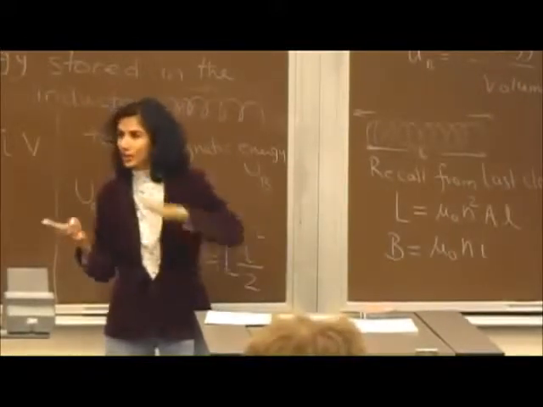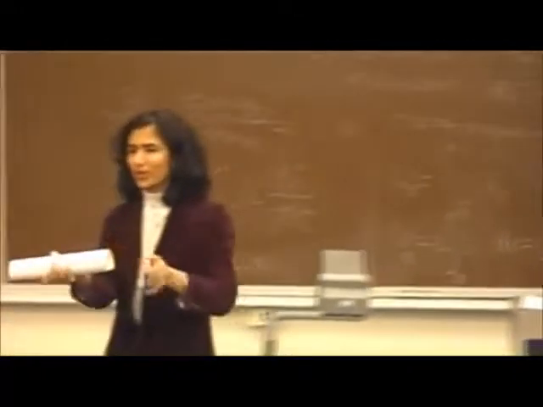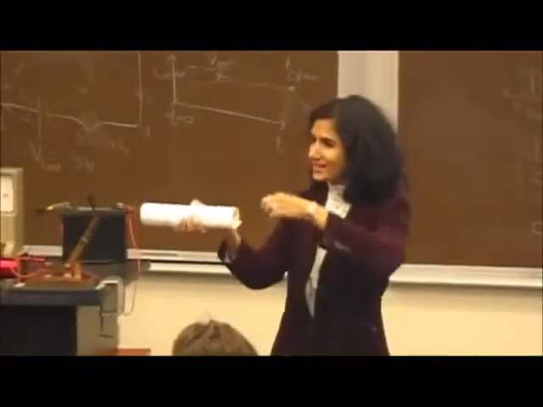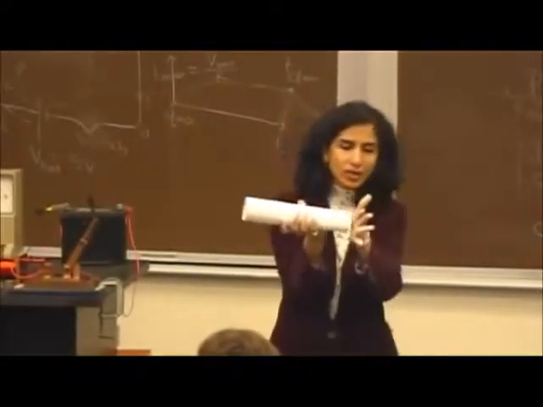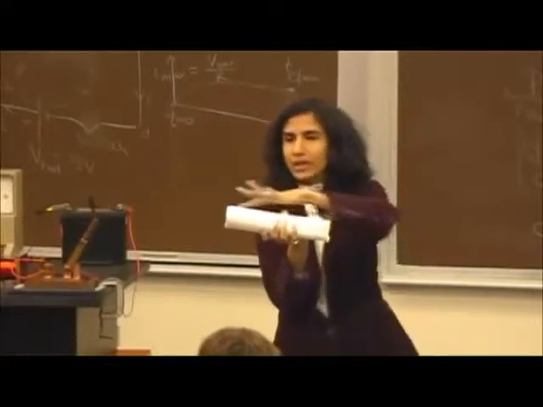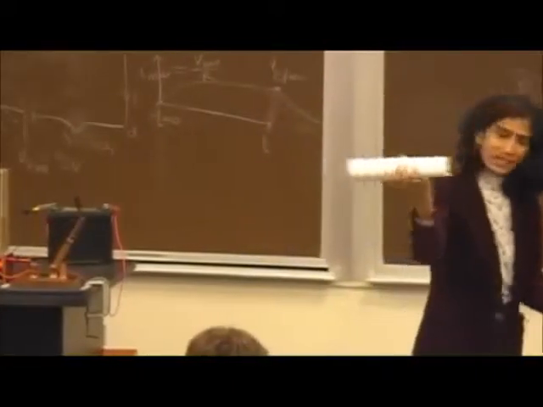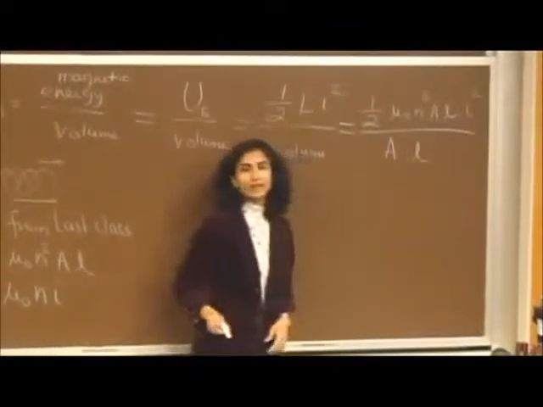Area times length. Think about it. If I ask you what is the volume of this cylinder, because a coil is like a cylinder, isn't it? The volume of this cylinder is whatever is the area of cross section multiplied by the length, isn't it? That's the amount of space that it takes. That's the volume. So divided by the area times the length.